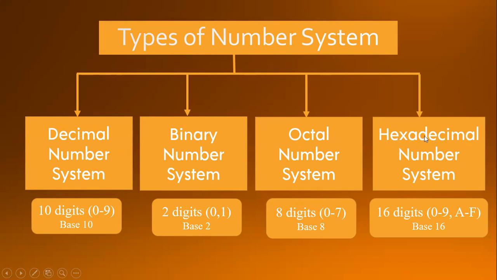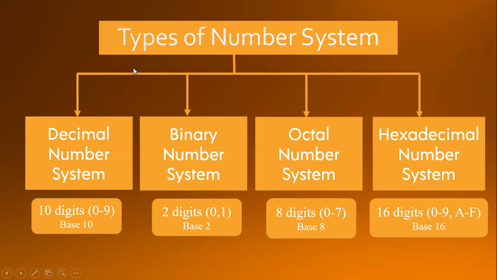So a hexadecimal number system has 16 digits, from 0 to 9 and A to F. When we have to represent 10, we use A, 11 is B, 12 is C, 13 is D, 14 is E, and 15 is represented by F. So we use the alphabets A to F to represent the numbers from 10 to 15. Here the total is 16 digits. When there are 16 digits, its base is 16.